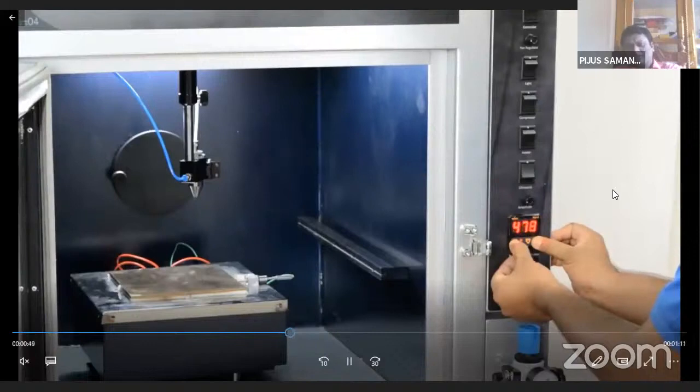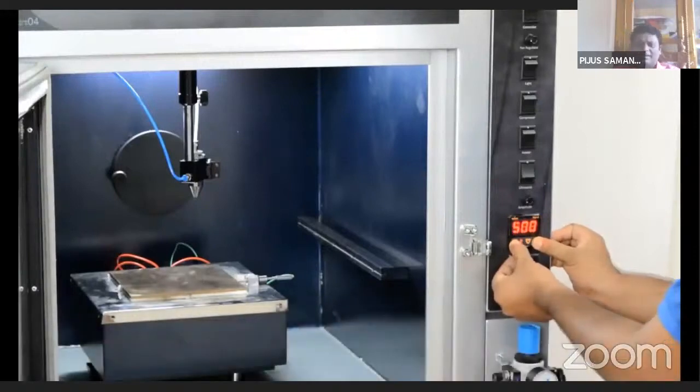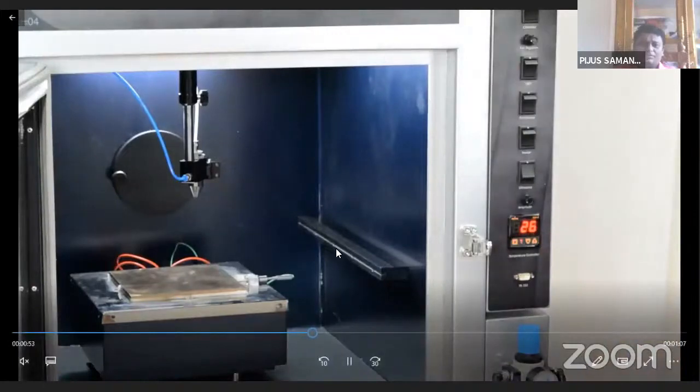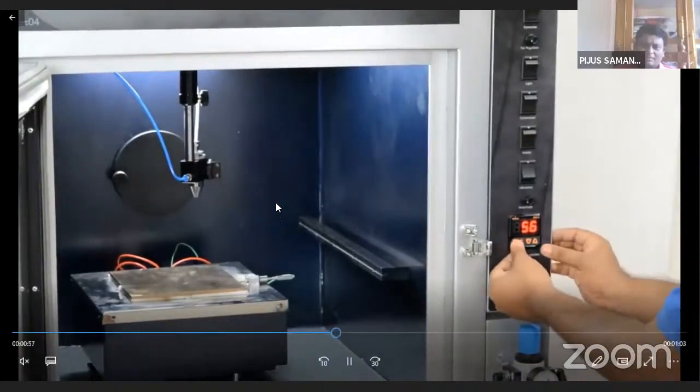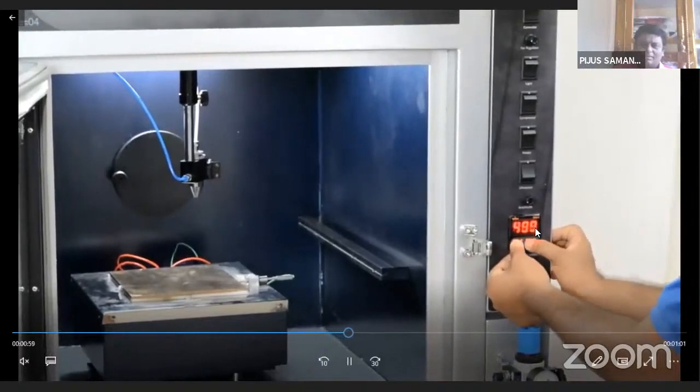It will start soon, within 5 to 10 seconds. You see, now this system will start spraying. This is controlling the parameters.